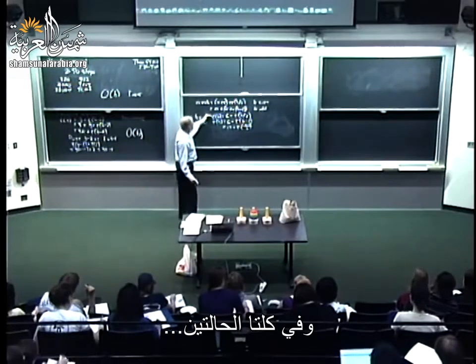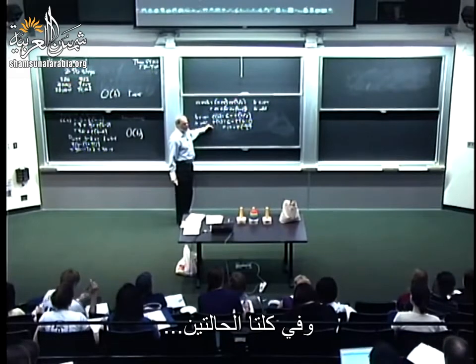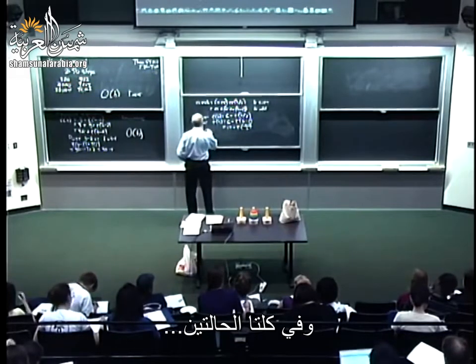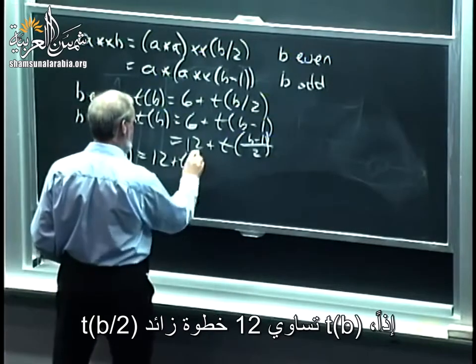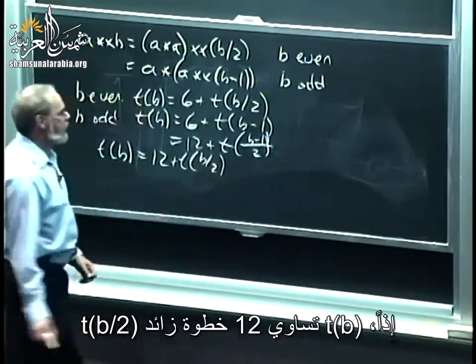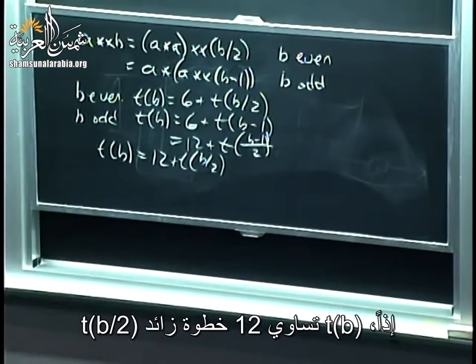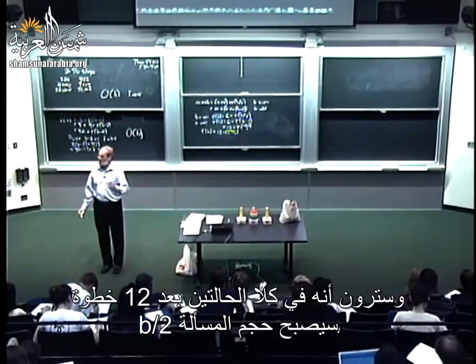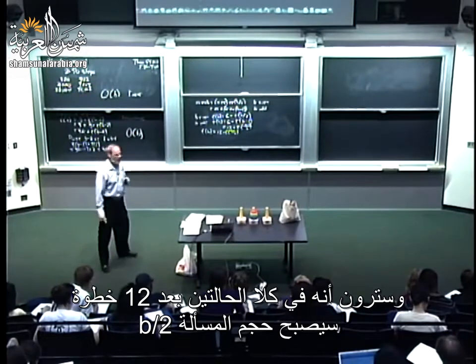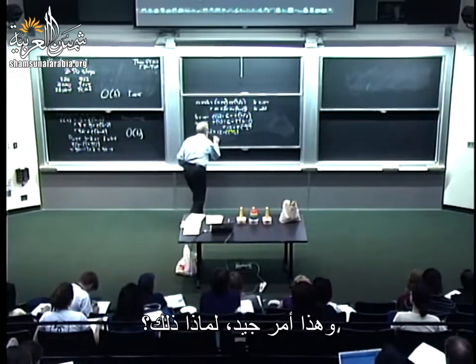It says in either case, in general, T of B, and this is where I'm going to abuse notation a little bit, I can basically bound it by 12 steps plus T of B over 2. Okay, the abuse is, it's not quite right. It depends whether it's already even, but you can see in either case, after 12 steps, 2 runs through this, I'm down to problem size B over 2. Why is that nice?